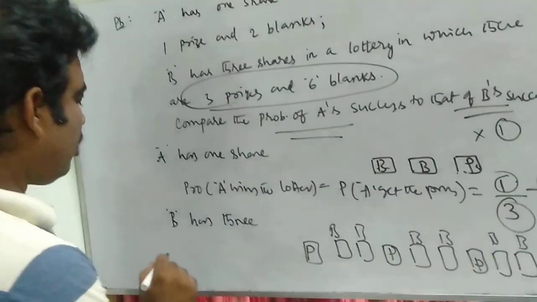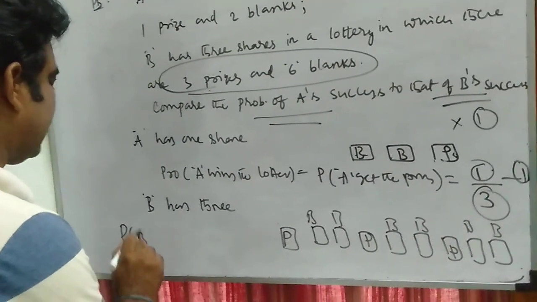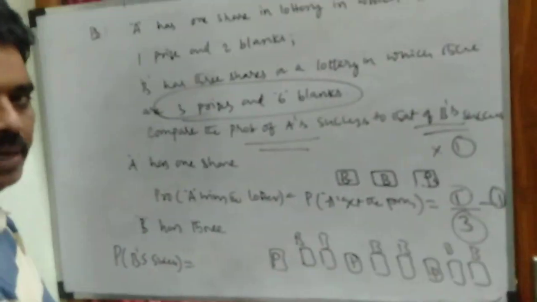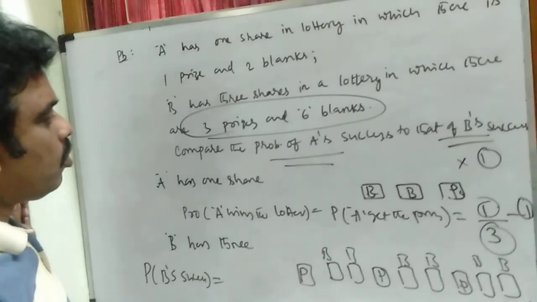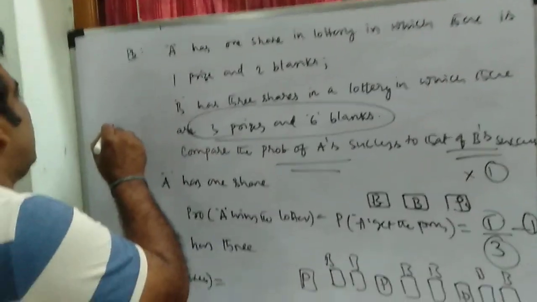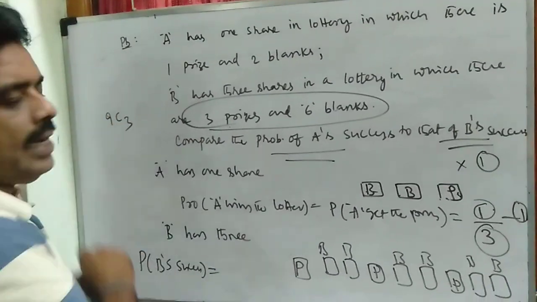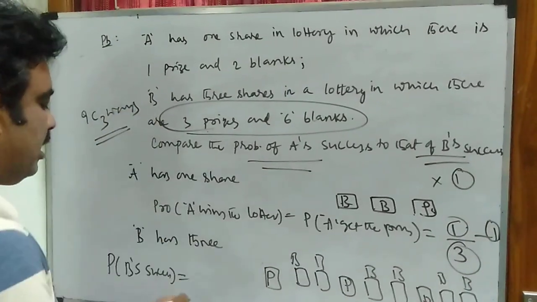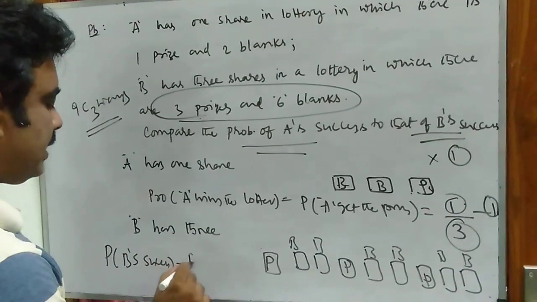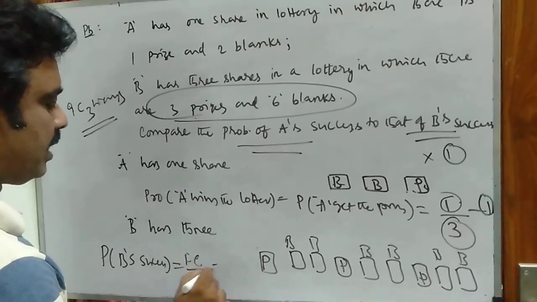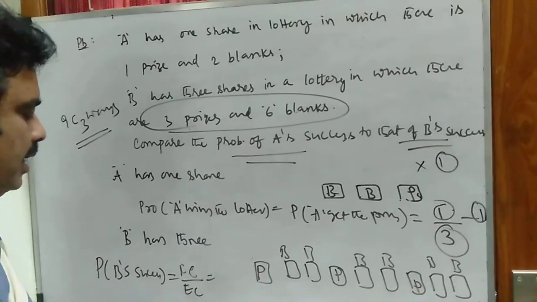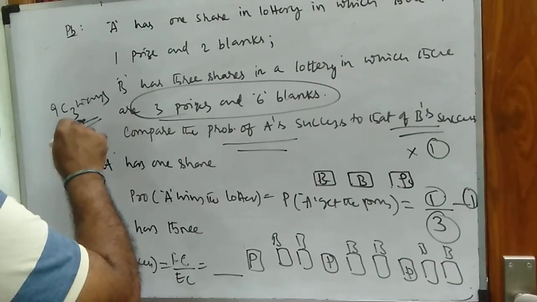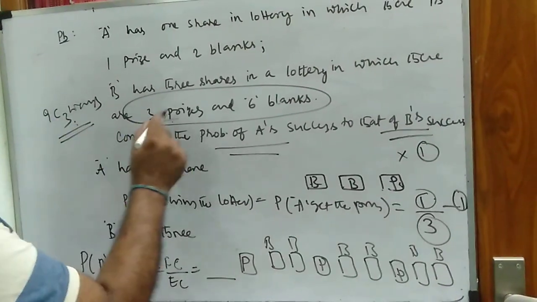Now we have to find the probability of B's success. B's success probability means favorable cases by total number of cases. Here, for the total number of cases, he can draw 3 tickets out of 9 in 9C3 ways. That will be in the denominator. The formula we know is favorable cases by total or exhaustive cases. The exhaustive cases are the number of ways of getting 3 tickets out of 9 tickets.